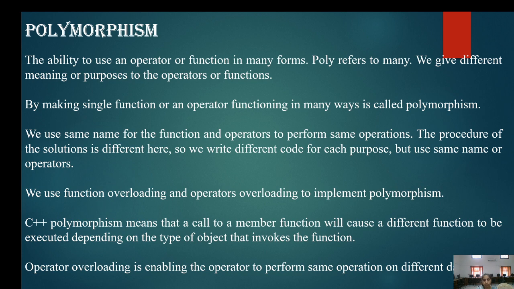We can extend its capability to define the plus operator to add two complex numbers. In this way, we can use the same operator to add two complex numbers also. And this is the polymorphism which a user can implement in a program in C++.